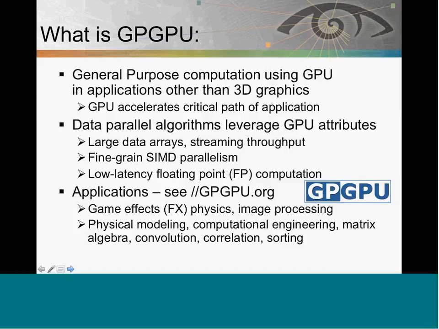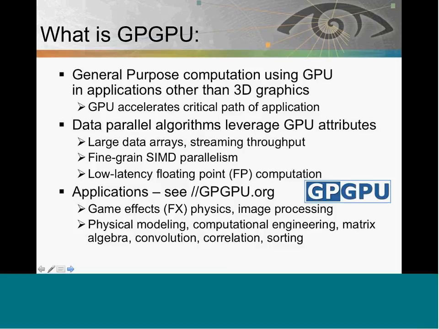So what is GPGPU, right? It means general purpose programming on graphics processing units. General purpose is not about viewing images or doing visualization or fancy graphics, but scientific applications like linear algebra operations or some kind of Cholesky factorization or something like that.